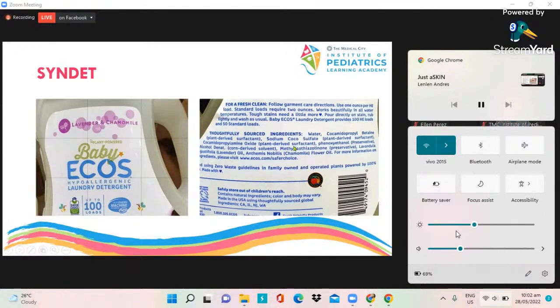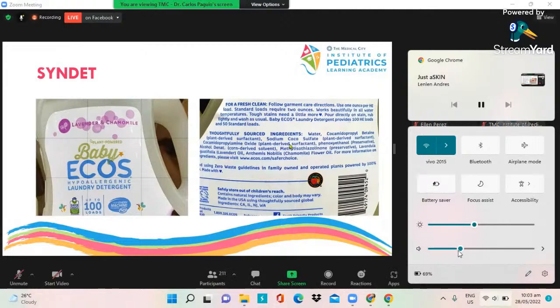Plant-derived din. You see? Kaya lang, meron siyang preservatives. Hindi natin gusto yun. But you could see now that this hypoallergenic detergent for babies, the Sydnet, has a lot of good plant-derived products. And so it really pays for us, lahat po ng nakikinig, to really look at the labels because it does really help.